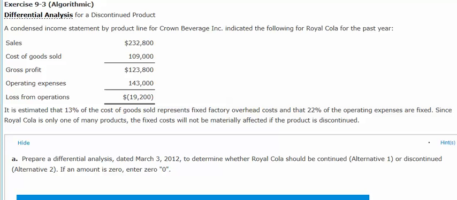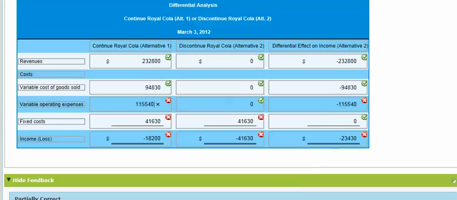So try that again. 143 times 0.78 is 111,540. So let's delete that. So I did have a calculation error there.